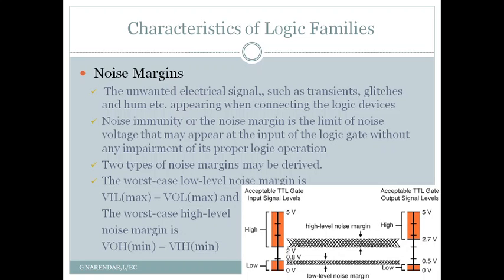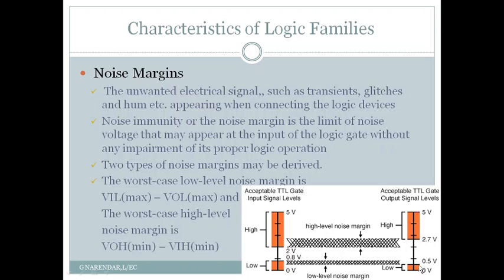and when two circuits are connected, this low signal may be applied as input for the next circuit. But you can see that for the next circuit to qualify as a low signal, the maximum voltage must be 0.8 volt.